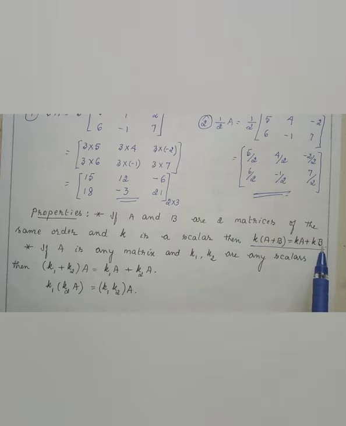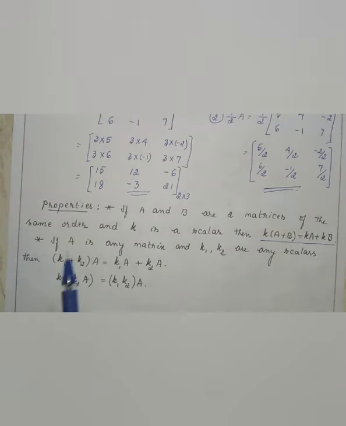The values should be equal. One more property: if A is any matrix and K1 and K2 are any scalars, then K1 plus K2 into A is equal to K1 into A plus K2 into A. One more, K1 into K2A is equal to K1 K2 into A. So these are the properties of scalar multiplication of a matrix.